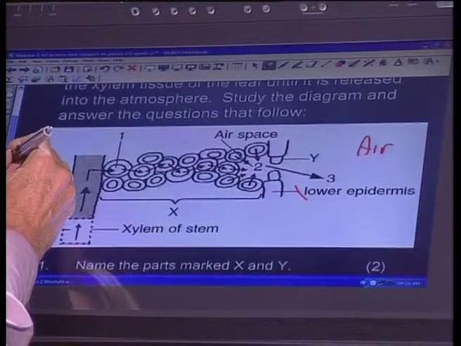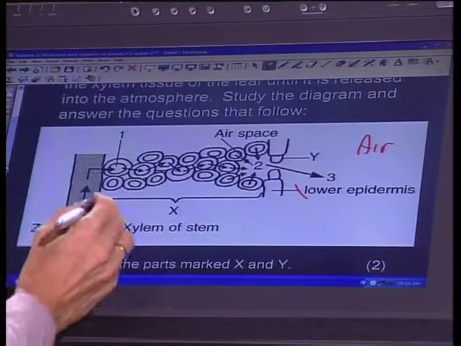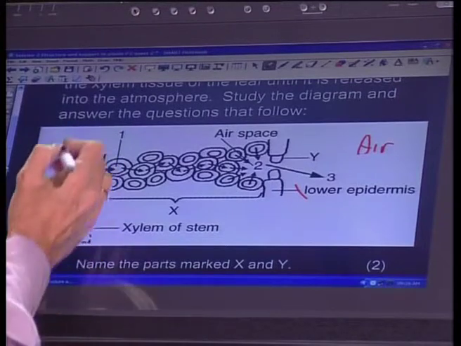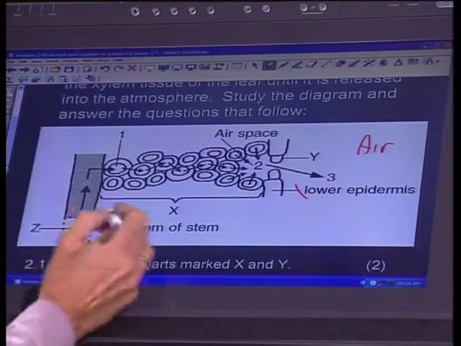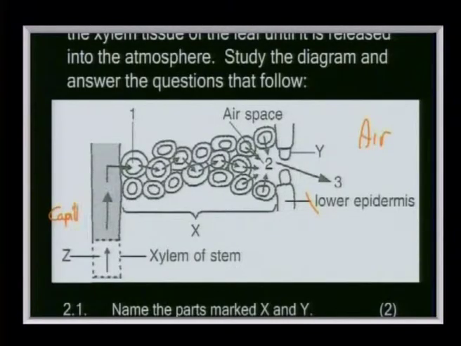Remember, our rule is always look at the labels first. So here, we're not sure what this is, but if that's the xylem, it means that Z is probably the force that takes the water up, which would be capillarity. Okay, 1 is the cell, but it's pointing to the arrows, so that is clearly osmosis.